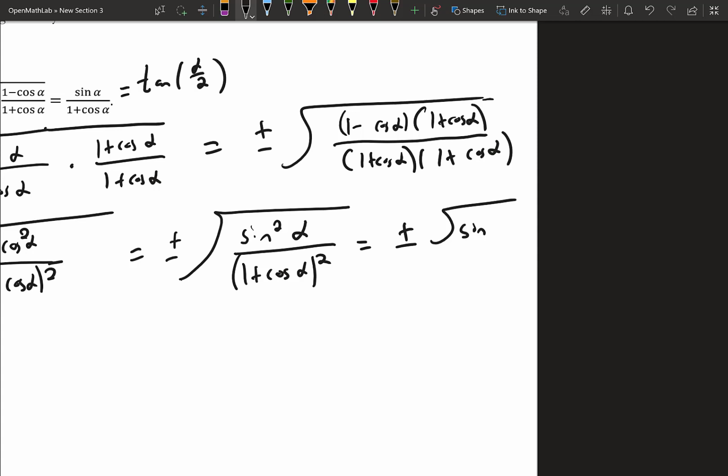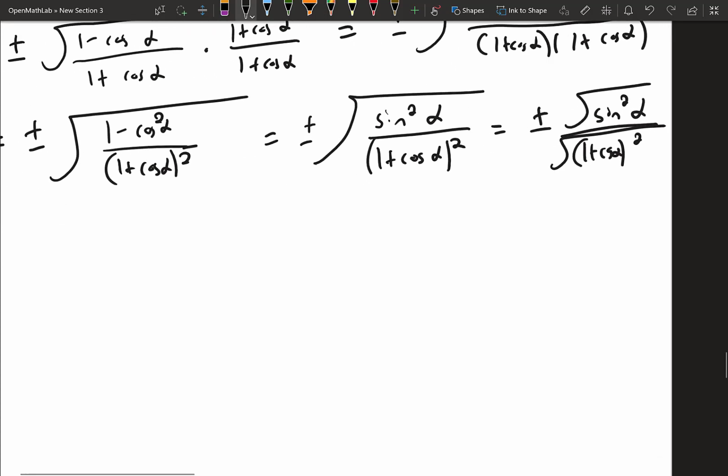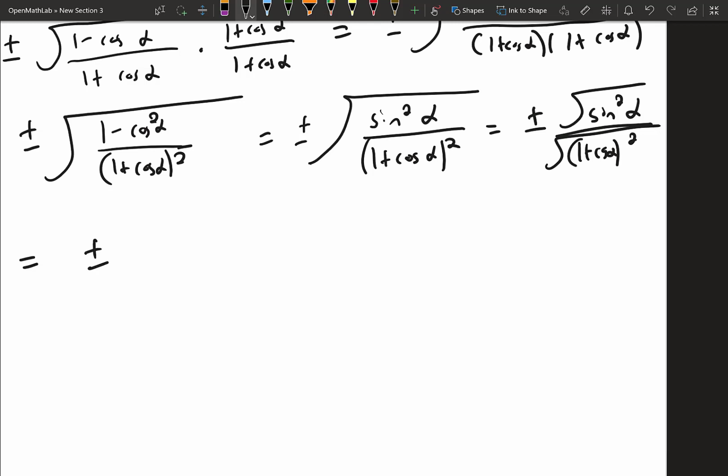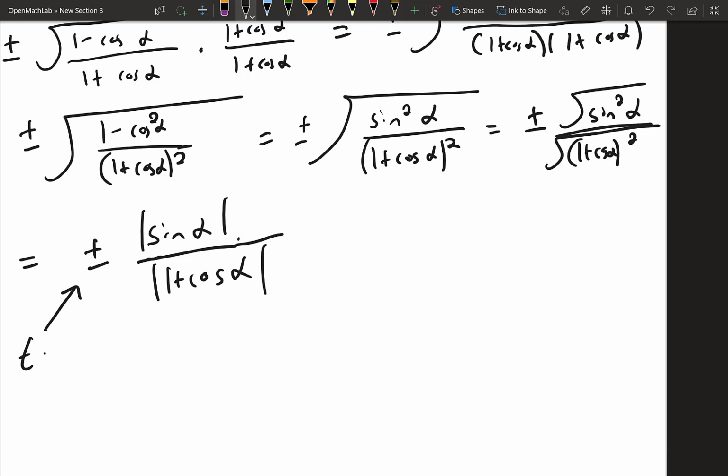So then this equals plus minus sine alpha all over 1 plus cosine alpha. Same logic as before, we need these absolute value bars in the top and bottom, because this sign is for tangent of alpha divided by 2, and we don't want the signs here to impact that. So if we always take the absolute value, making them always positive, we're good to go.